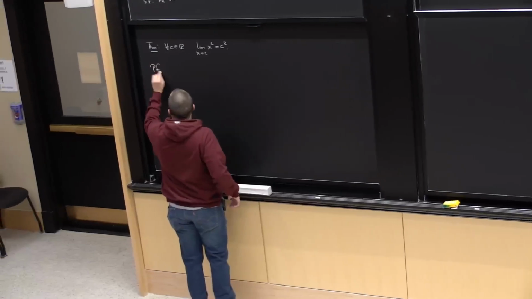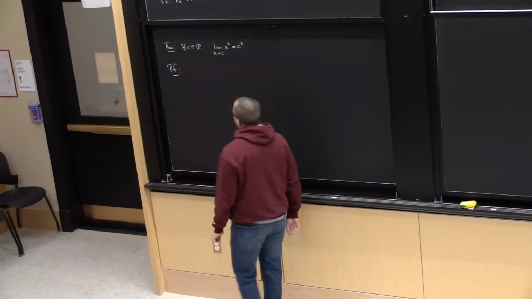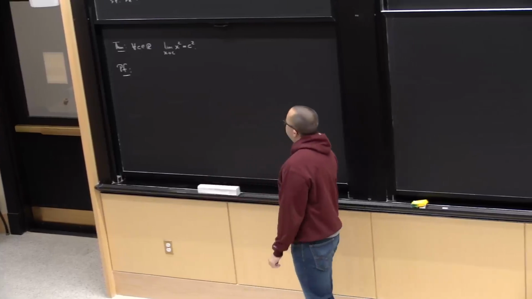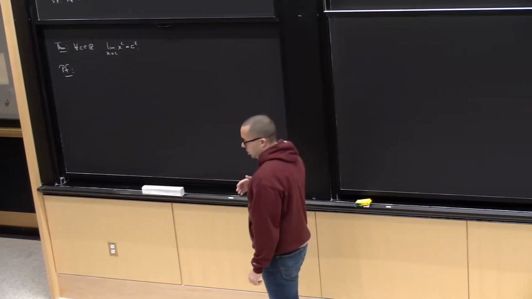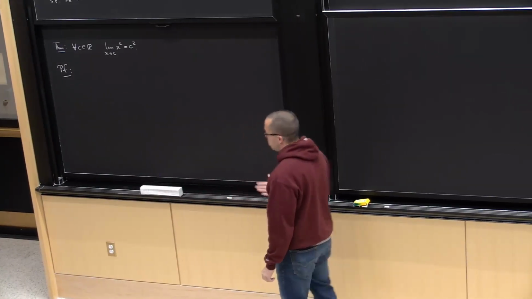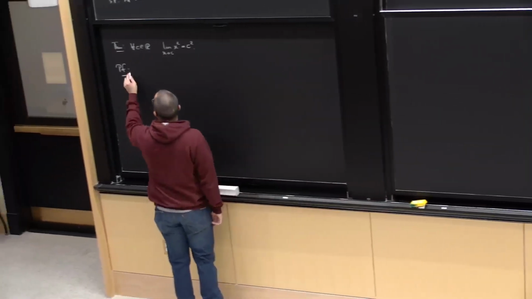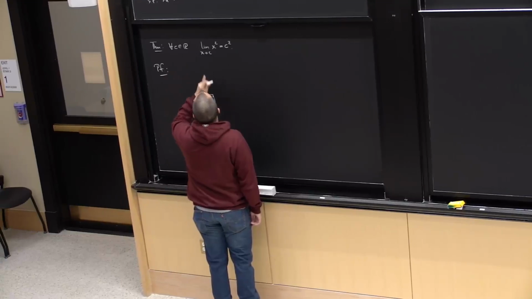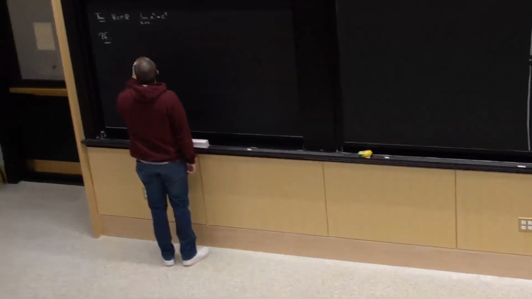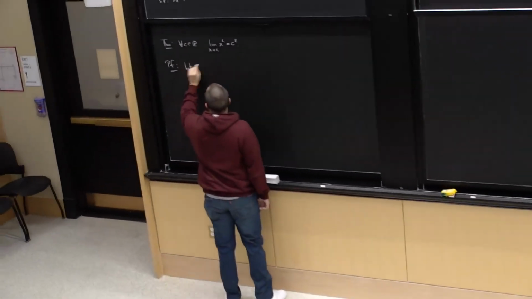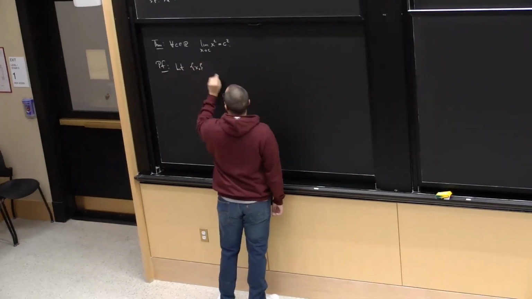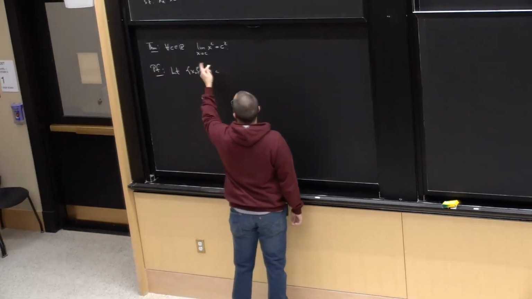Because we essentially did all the hard work when we proved that the product of two convergent sequences is convergent, which is what we'll use here. So we're going to prove this theorem using the previous theorem. So let x n be a sequence.